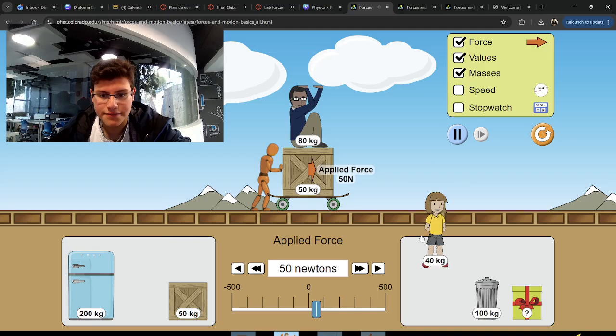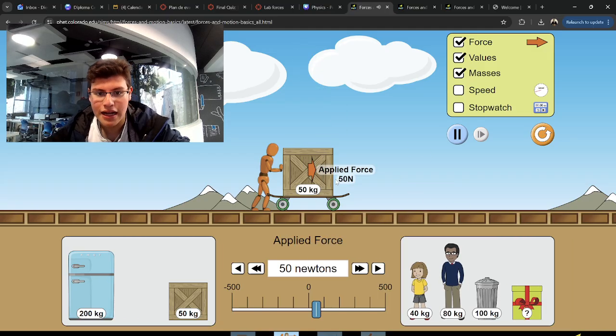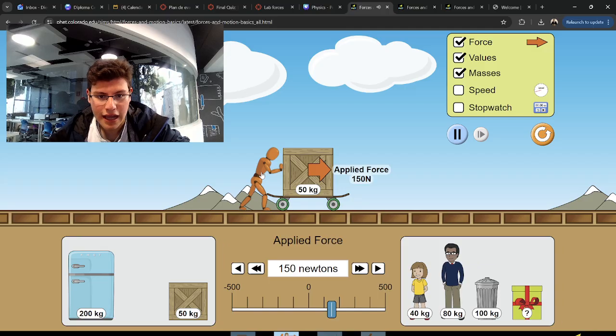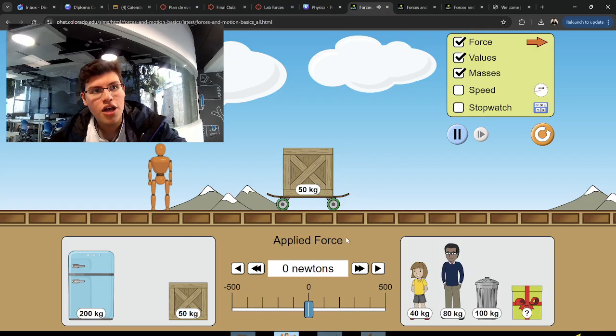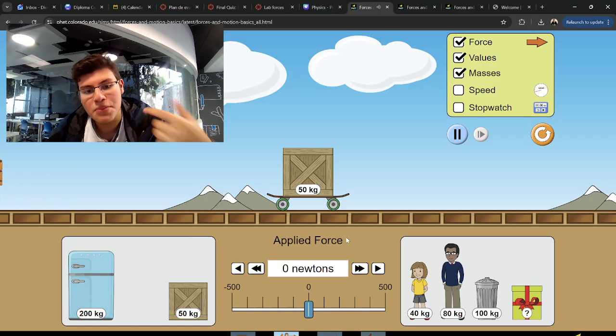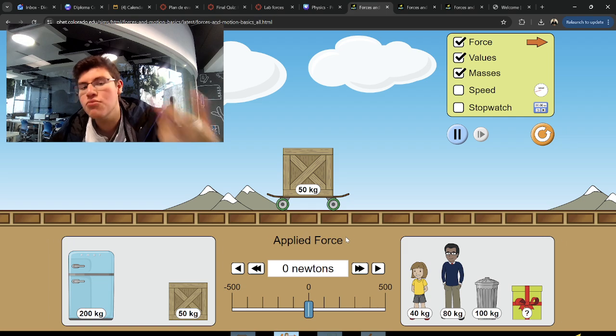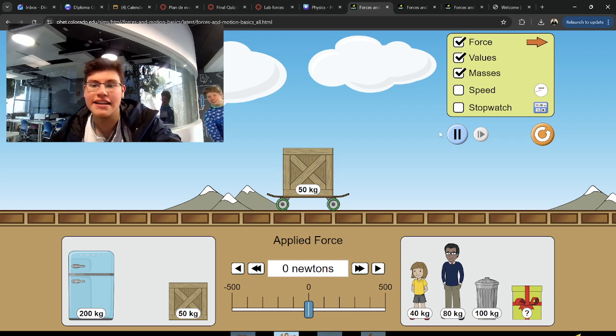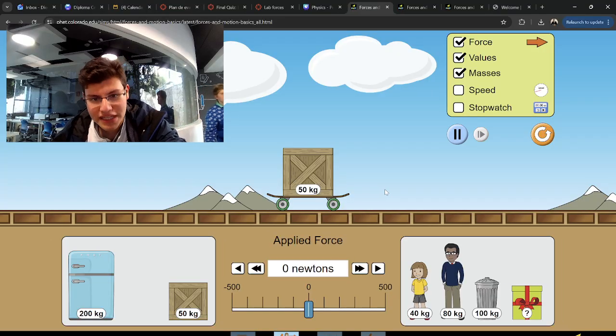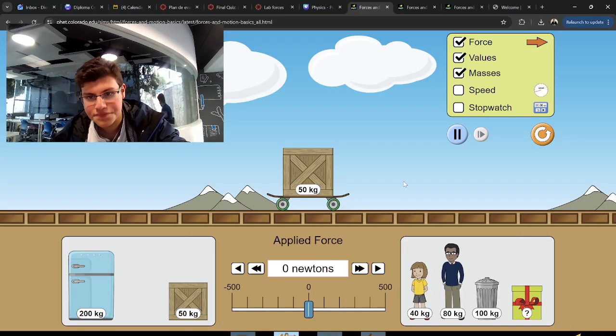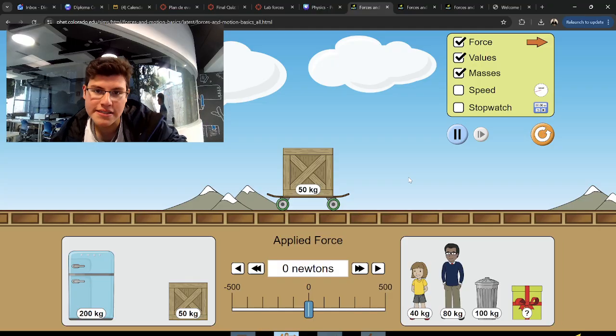Also, what happens if I increase this and then let the man go? You can see that the object is trying to keep on with its current state of motion. It tries to keep moving, and in this case, since there is no friction, it will keep moving infinitely, thus proving true the first law of Newton.